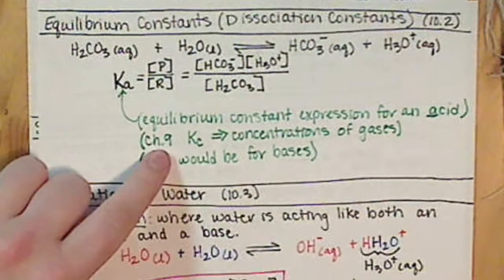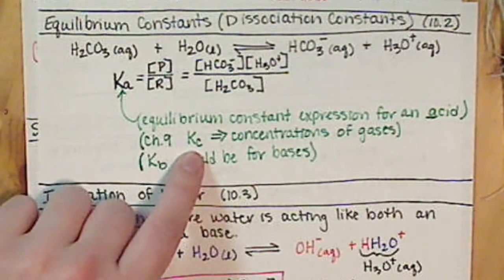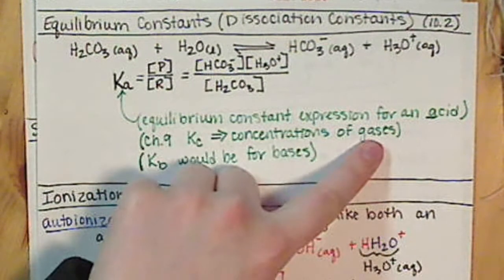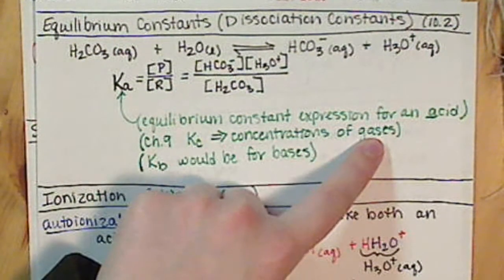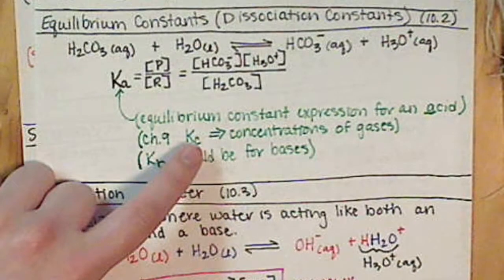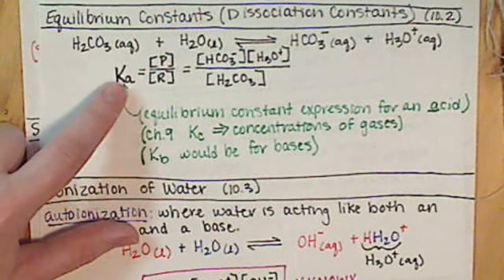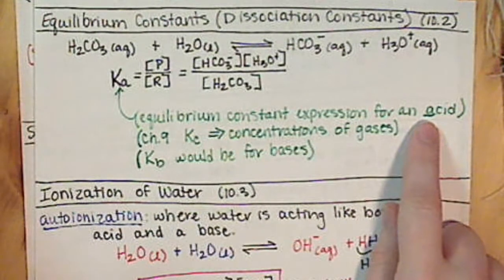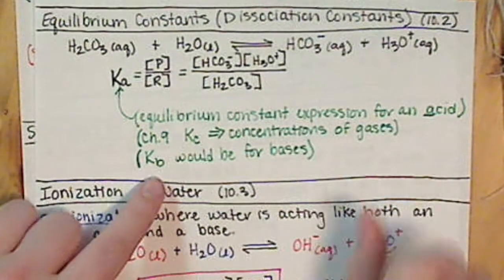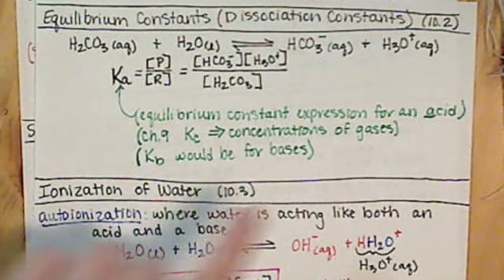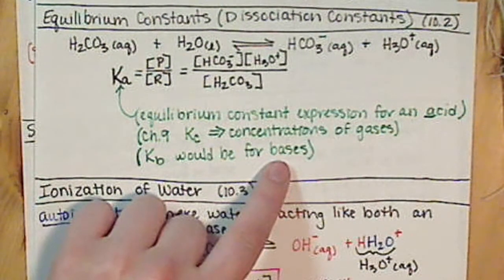In Chapter 9, we had Kc. The C was from the concentrations, and typically we just looked at gases in Chapter 9. You may not have realized it, but we just looked at gases. So Kc is different than Ka, in that Ka just deals with an acid. Otherwise, the rules are all the same. There is an equilibrium constant called Kb, and that is an equilibrium constant for bases.